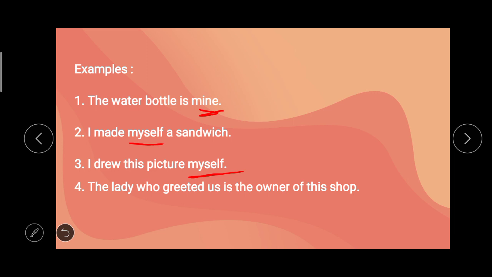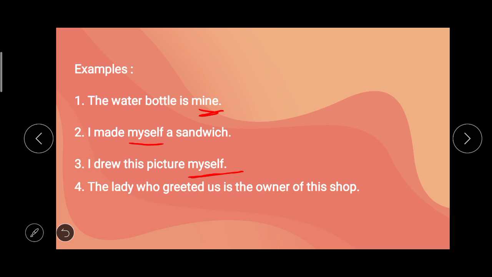But if you withdraw this word myself, it doesn't have any effect on the subject of this sentence. We can write the sentence without this myself also. So this is called emphatic pronoun.